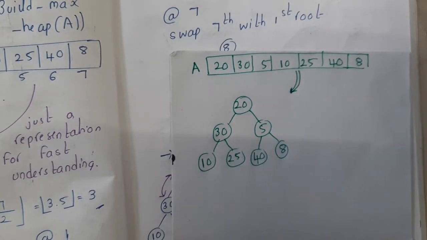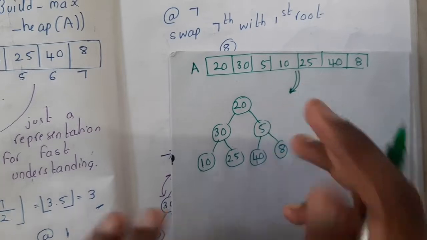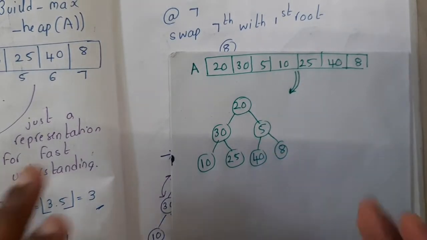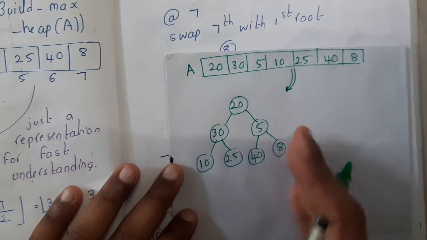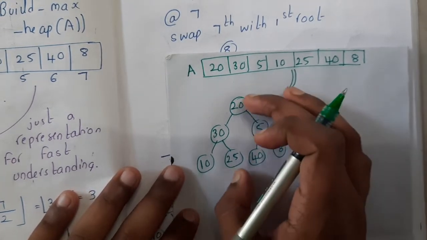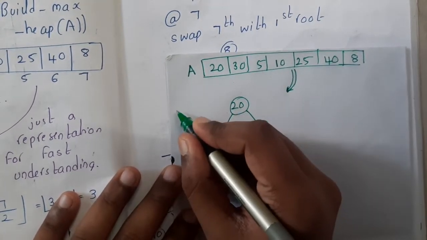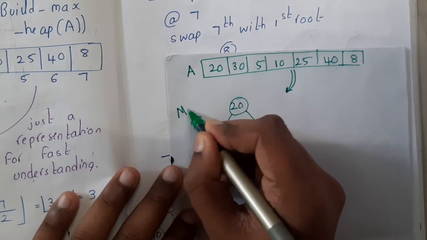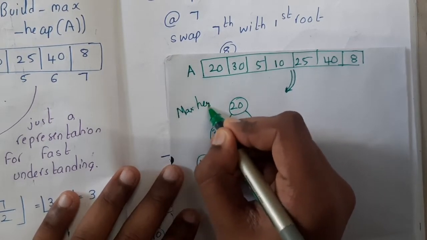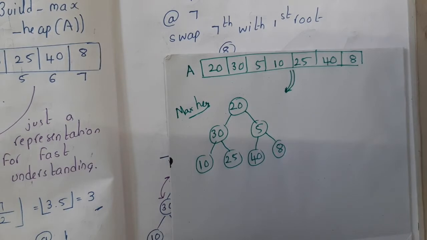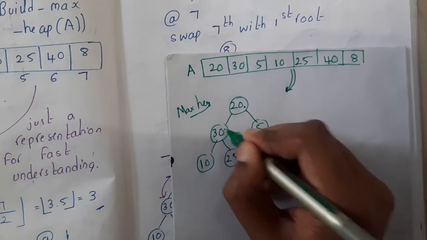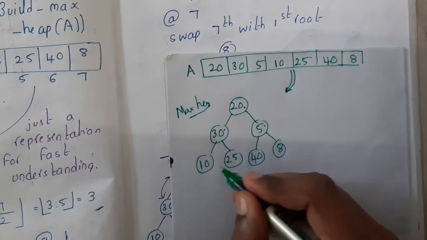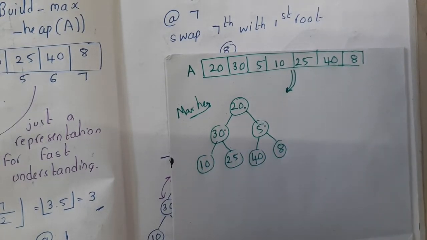Once the tree is built, you check the condition. Assume that you are trying to build a max heap. The definition of a max heap is that every root or parent should have the maximum value with respect to its children. That is the only logic here.